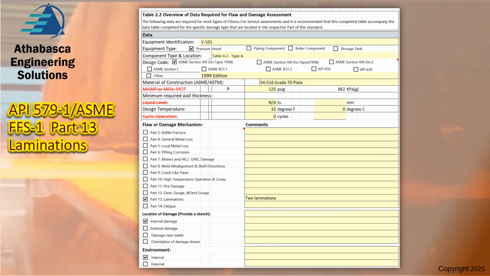The damage is classified as internal, but it's really not inside the vessel. It's internal to the part. So the environment, there's an environmental pressure inside the vessel, so it's not going from the inside out.